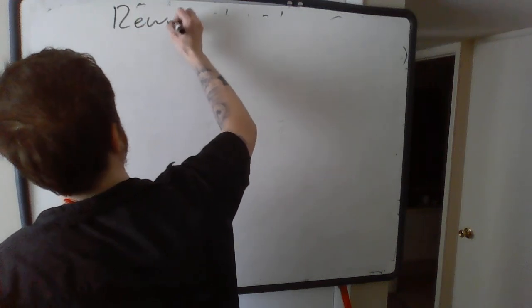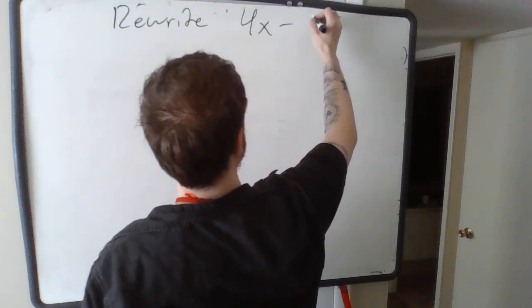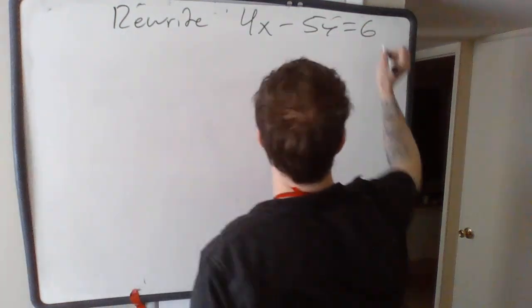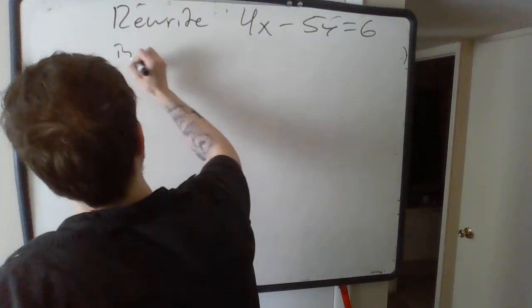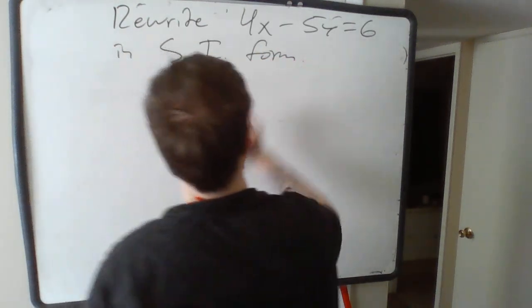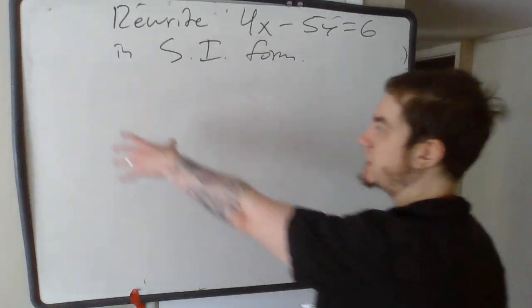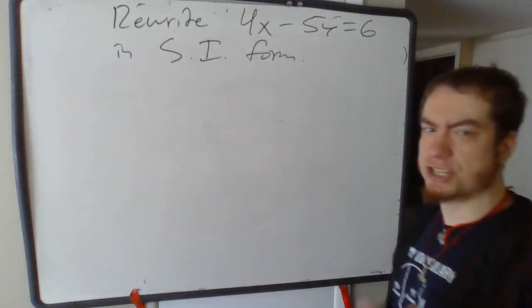Let's suppose that I want to rewrite 4x minus 5y equals 6 in slope-intercept form. Well, effectively, all I'm doing is the procedure that we just did, which is really just solving for y.